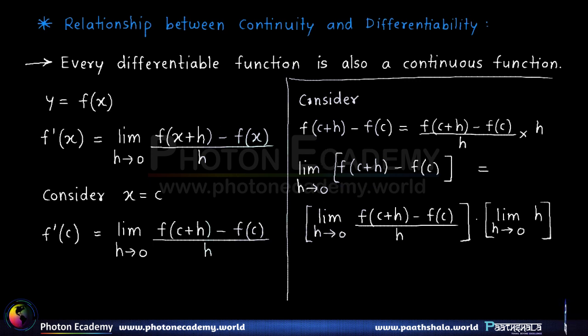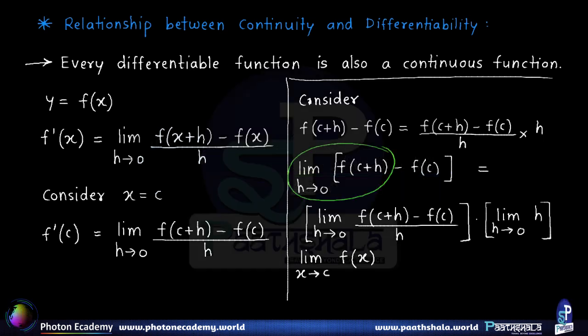Right. So therefore we can write limit of f of x as x tends to c. That is the meaning of the limit of the first quantity, f of c plus h as h tends to 0. That is the same as the limit of the function as x comes closer to c.